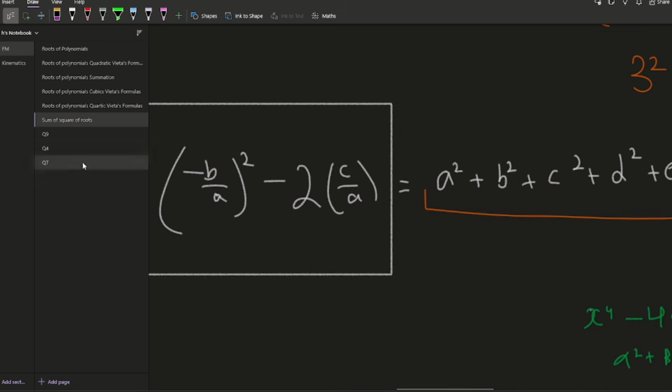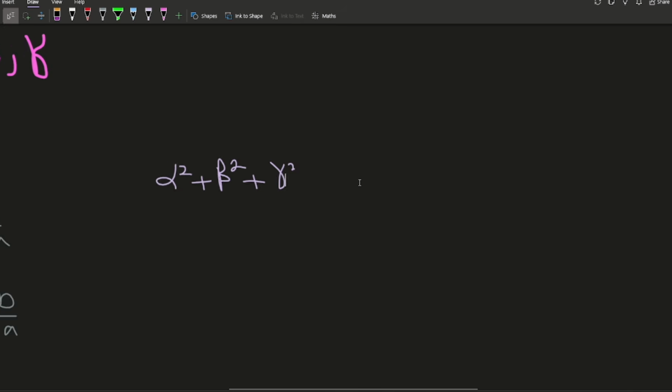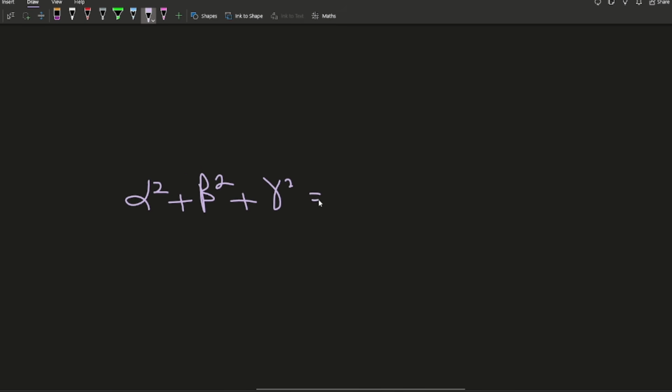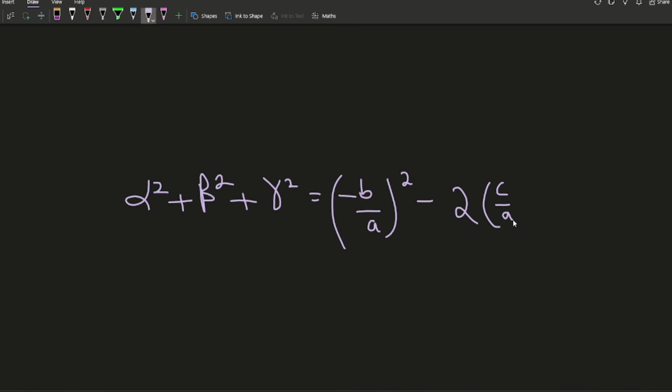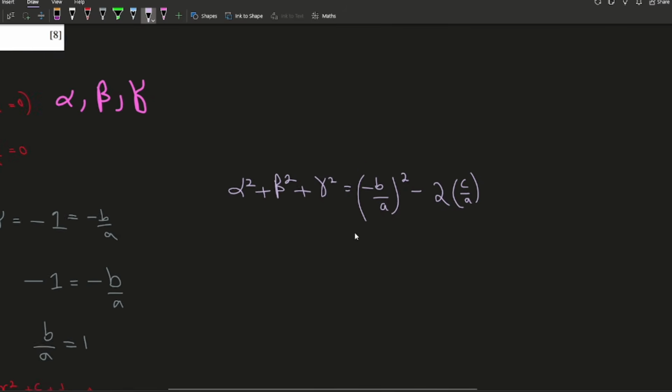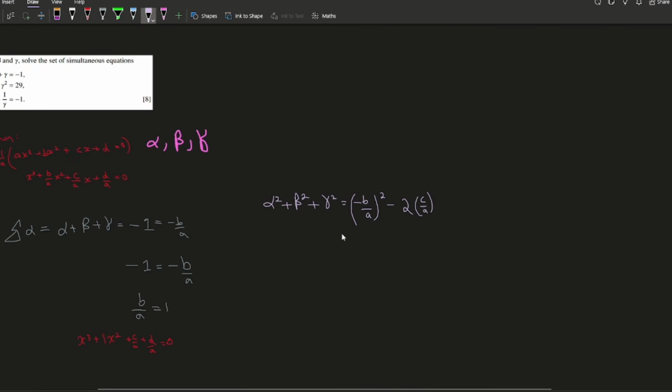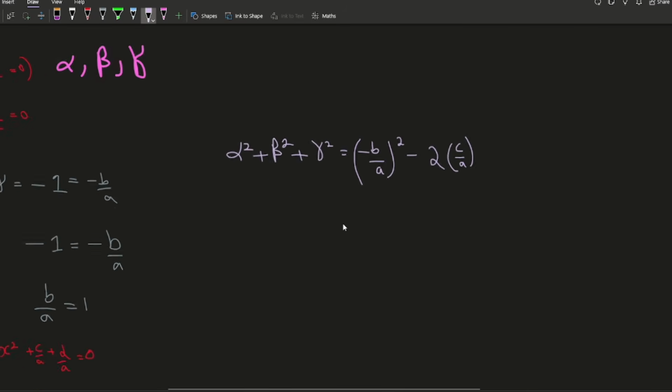So let's try that. This will equal minus b over a squared minus 2c over a. We learned how this works in the last class, so make sure to watch that.